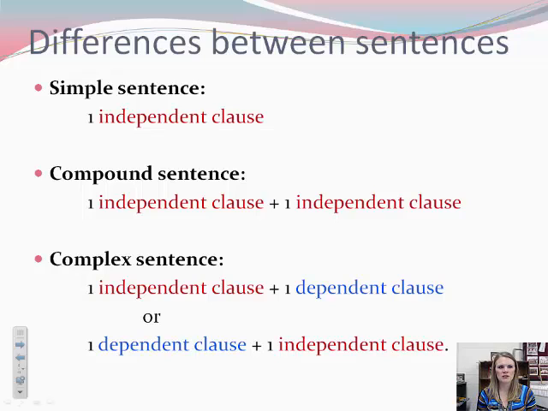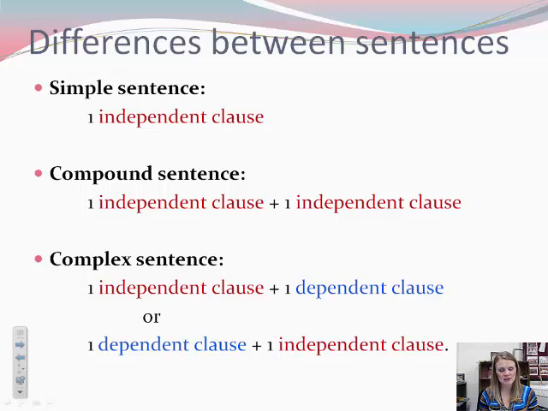So just to recap the differences between the sentences. Simple sentences consist of one independent clause. They are the most simple of the four types, which is why they're called simple sentences. Compound sentences consist of at least two independent clauses, but they do not have any dependent clauses. Neither do simple sentences.